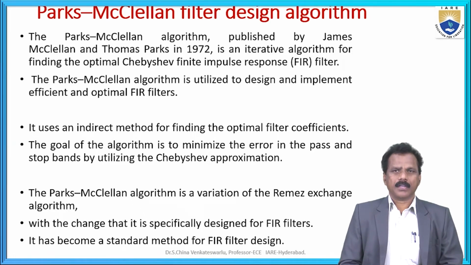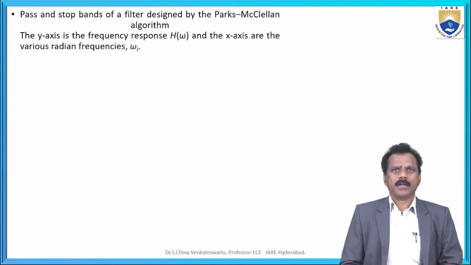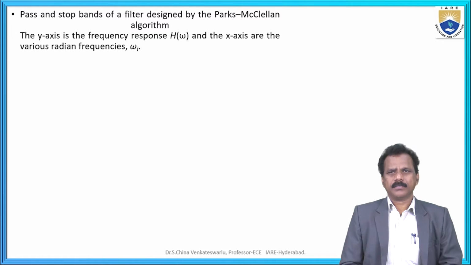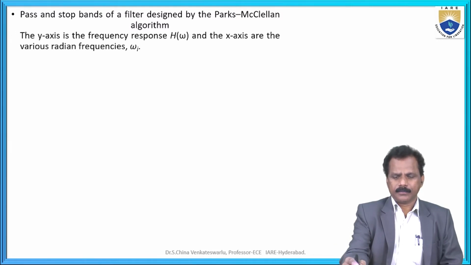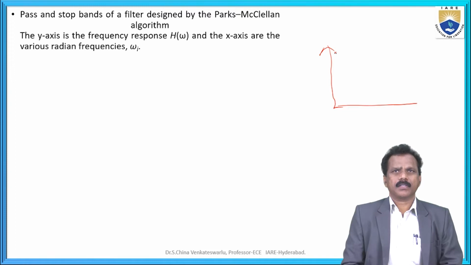Now, the passband and stopbands of a filter designed by the Parks-McClellan algorithm. The y-axis is the frequency response H of omega, and the x-axis is the various radian frequencies omega.